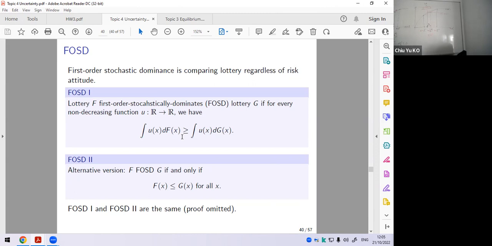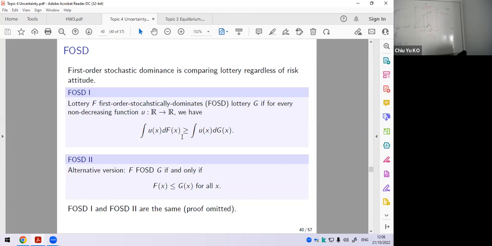Do note that this is crazy because I'm asking for every U. Look at it again. It is difficult to check because for every utility, I need my expected utility to be higher than this one. Regardless of U, it can be risk neutral, can be risk averse. How can you check this guy, right? This is a definition, right?